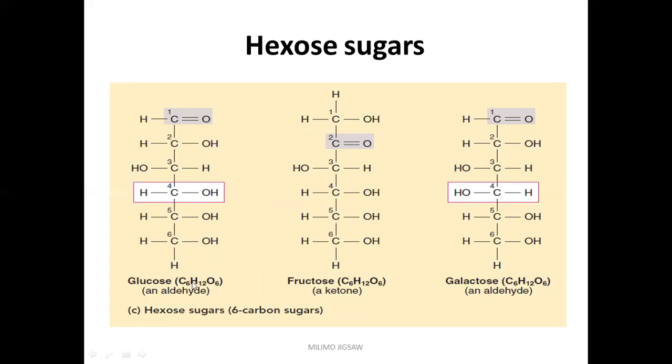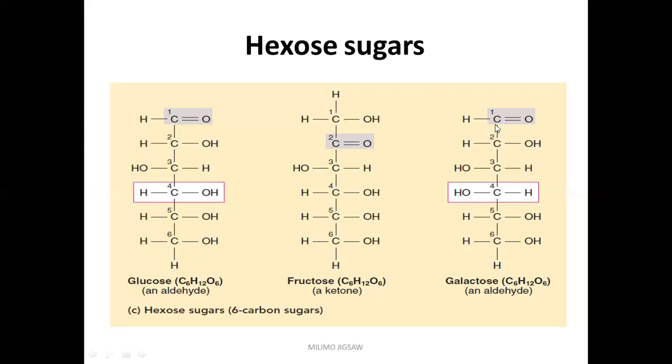This is glucose, which has C6H12O6. Fructose still has the same molecular formula, and so does galactose. However, fructose is a ketose, so it has a ketone functional group, while glucose has an aldehyde group, and galactose also has an aldehyde group.